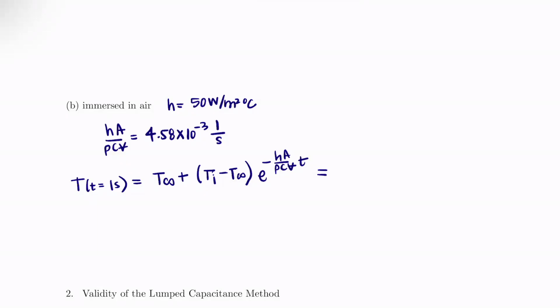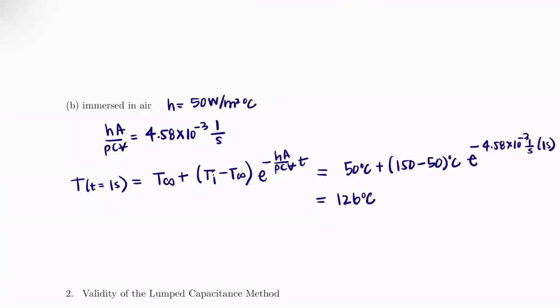And when I plug in all of those values, I have 50 degrees C plus 150 minus 50 degrees C times the exponential of minus 4.58 times 10 to the minus 3 per second times 1 second. And I get 126 degrees C.